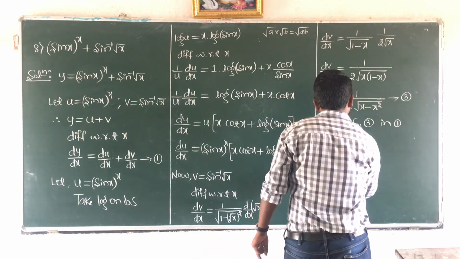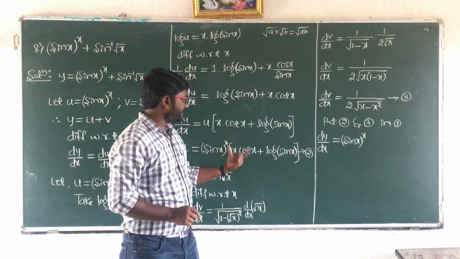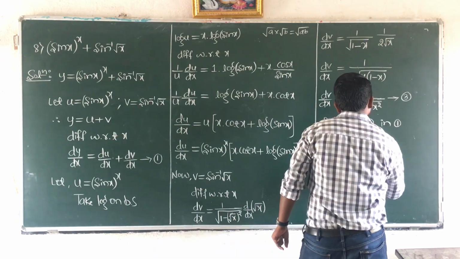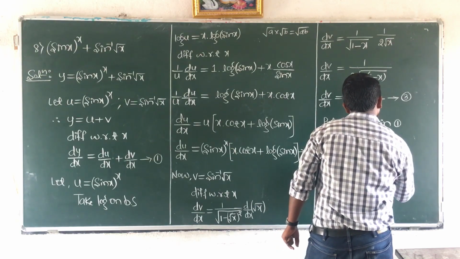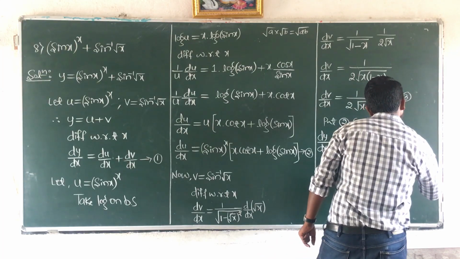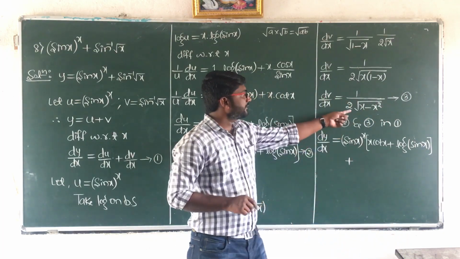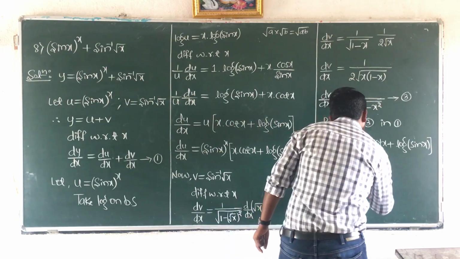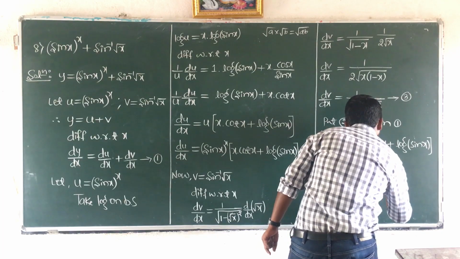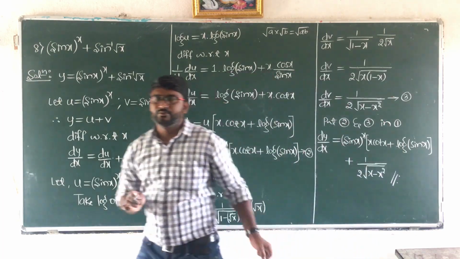It is sin x to the power x, inside the bracket x cot x plus log of sin x, plus dv by dx. This we have to write now. 1 divided by 2 into under root x minus x square. So this is the final answer for the 8th problem. So pause the video to note it down.